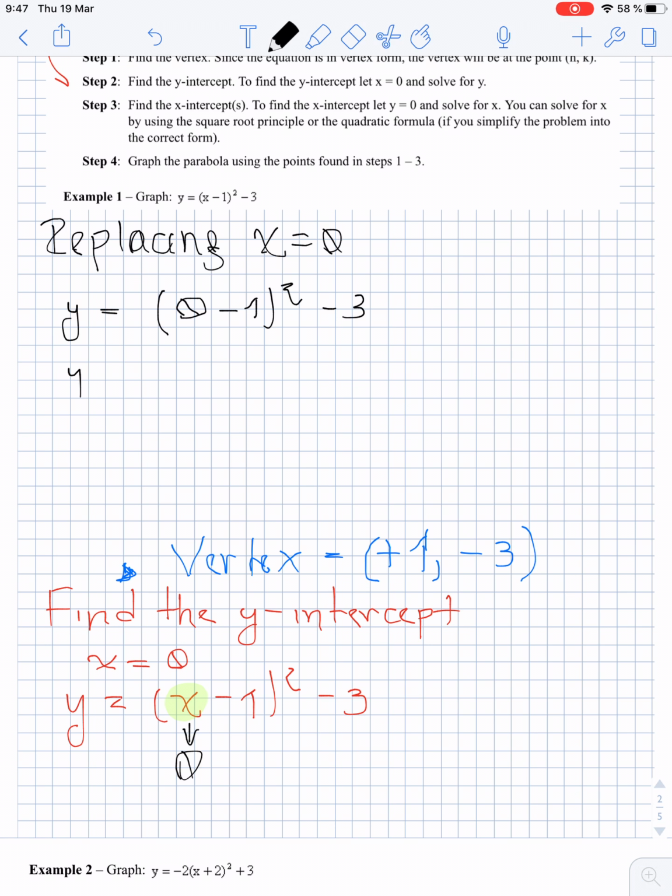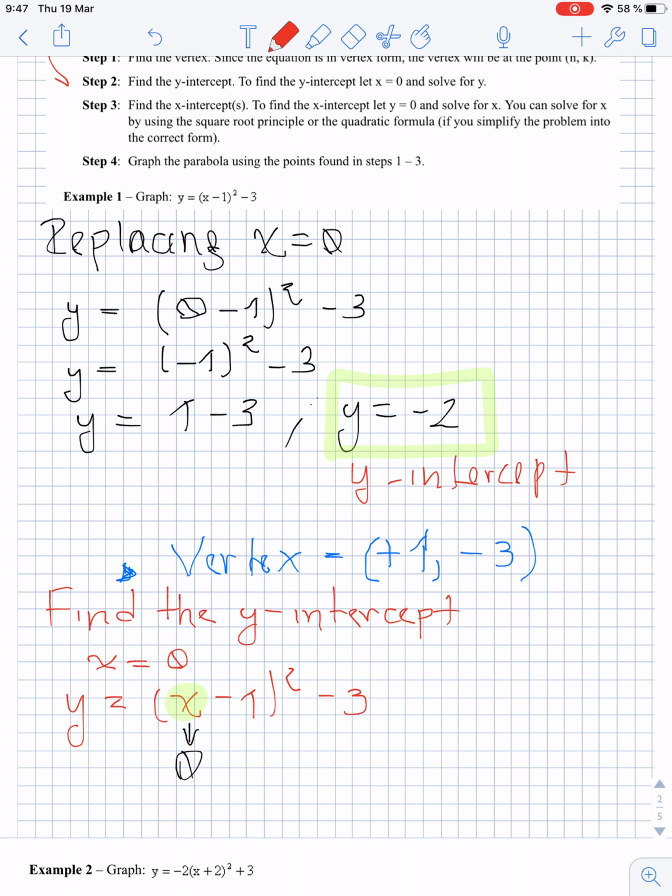And then you need to solve this expression. 0 minus 1 is minus 1, to the power of 2, minus 3. Minus 1 to the power of 2 is going to be positive. And finally, the value for y is equal to minus 2. This minus 2 is going to be the y-intercept. Now we found the y-intercept.